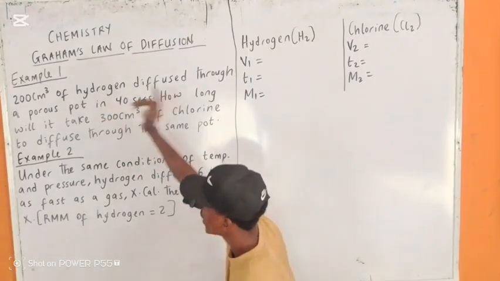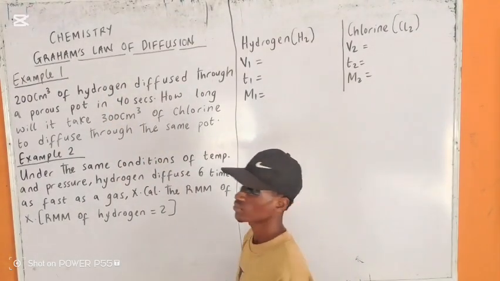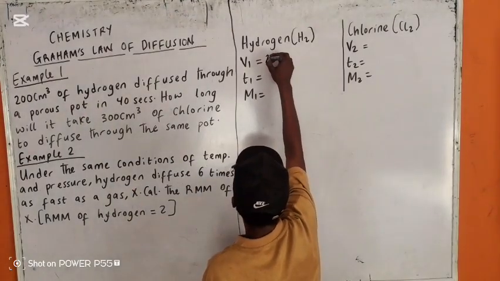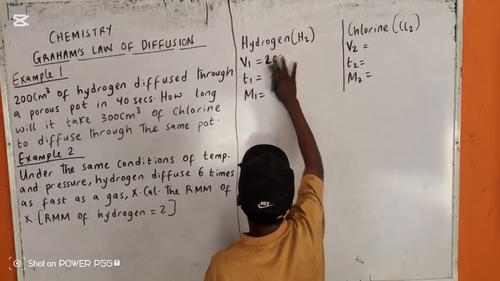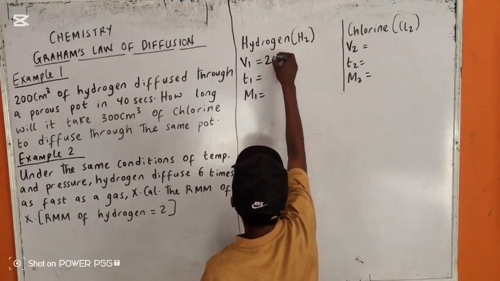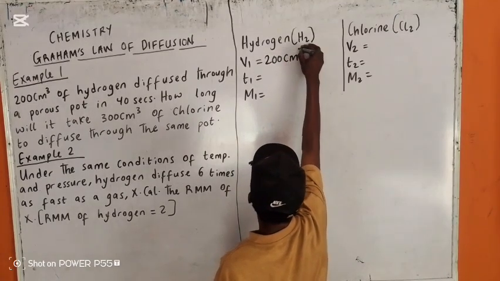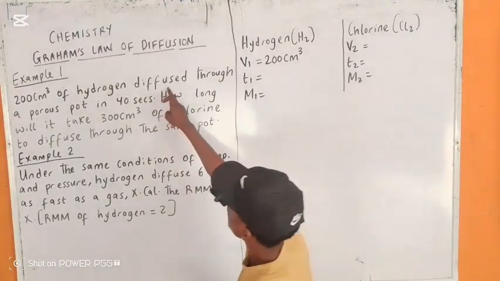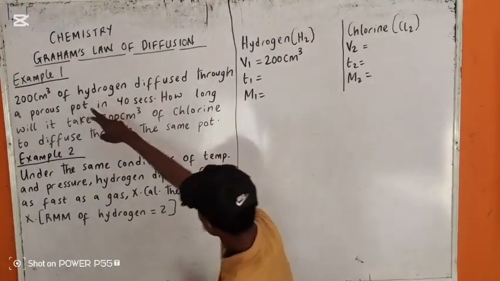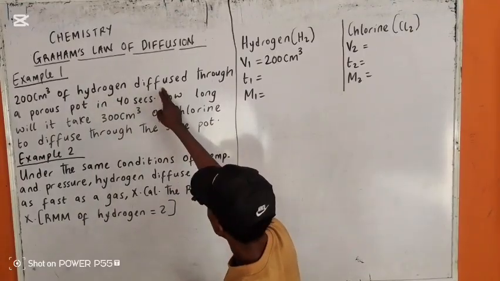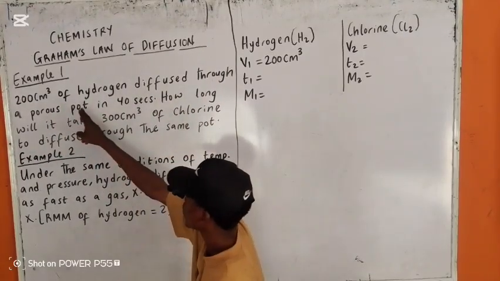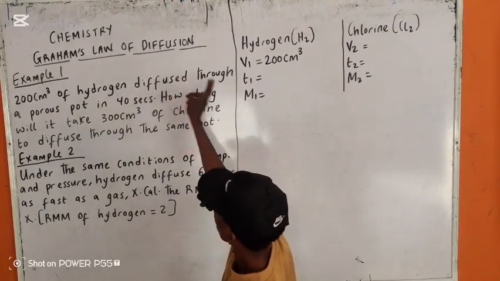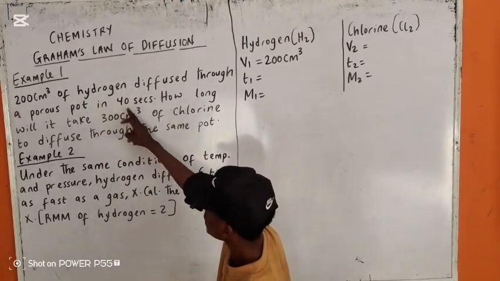Now what comes first? 200 cm³ of hydrogen. So we have 200 cm³. 200 cm³ of hydrogen diffused through a porous pot in 40 seconds.